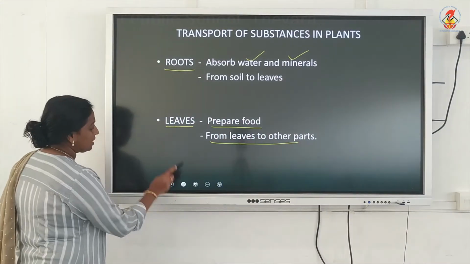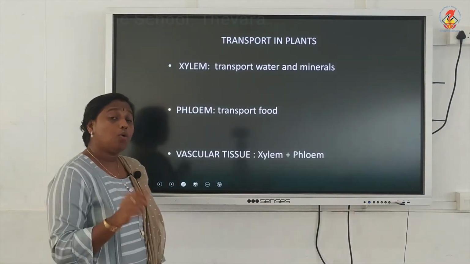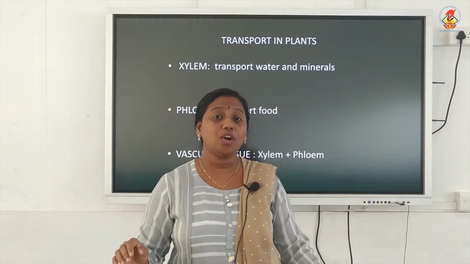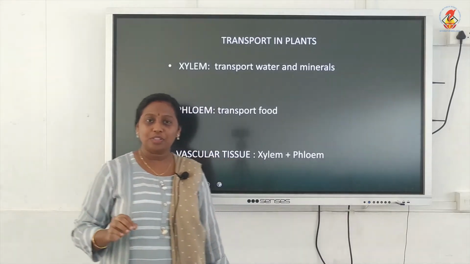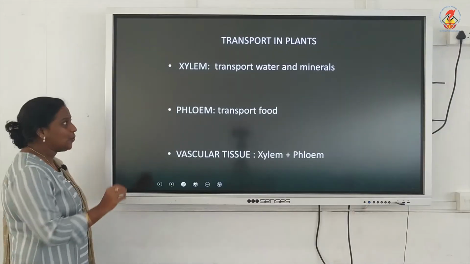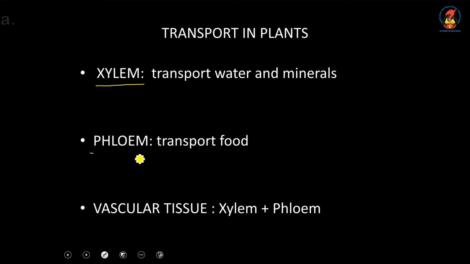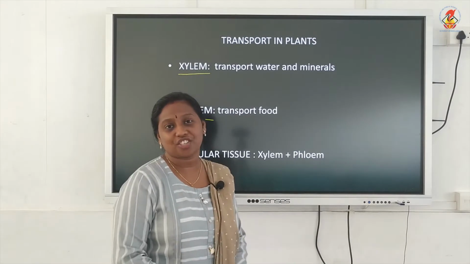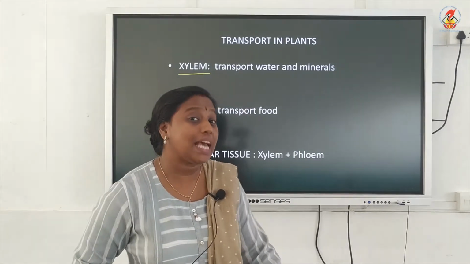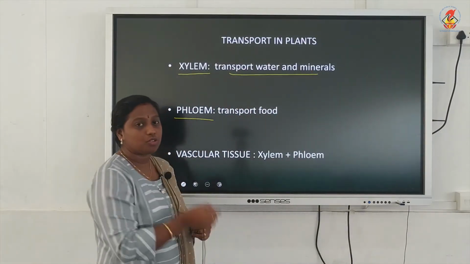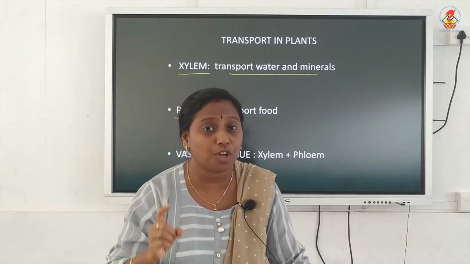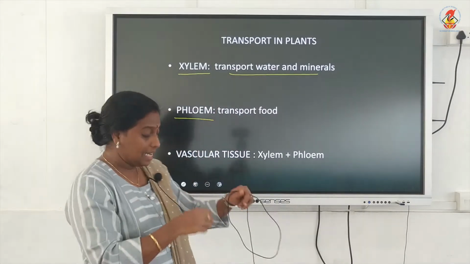Now, how does this transport occur in a plant, or what is the transportation system in a plant? The transport system in a plant includes xylem and phloem. Now, what is xylem? Xylem is a tubular structure seen in a plant which helps in the transport of water and minerals.